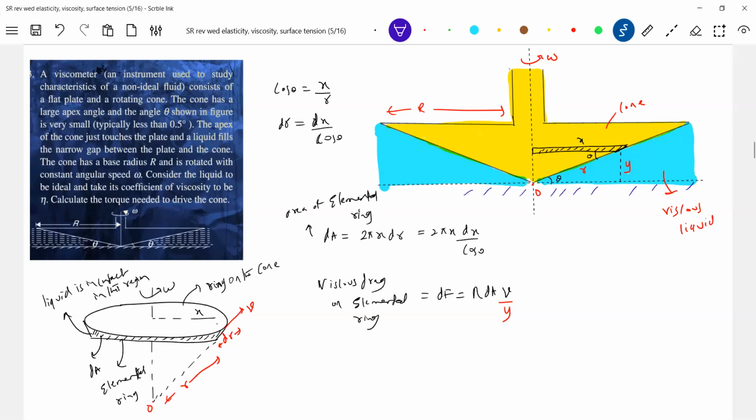This is the most difficult part of the question. Once you get this rational mathematics here, now you can substitute. This will be eta, dA will be 2 pi x dx cos theta, V is x omega, and this is Y. Y should be eliminated. Shall I bring Y in terms of x? Tan theta is Y by x. So Y equals x tan theta.